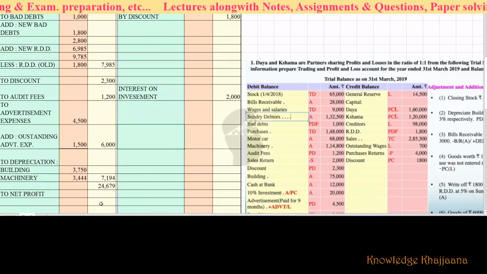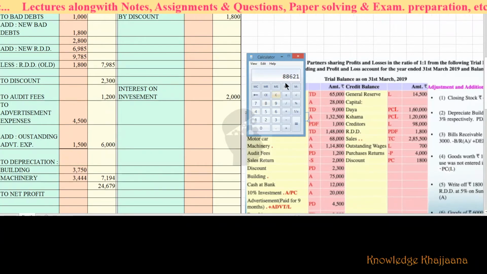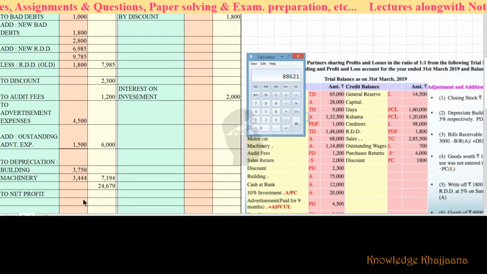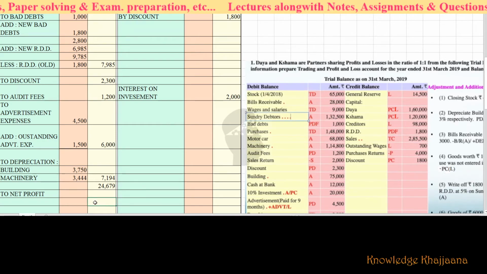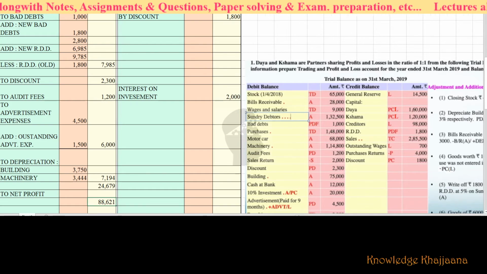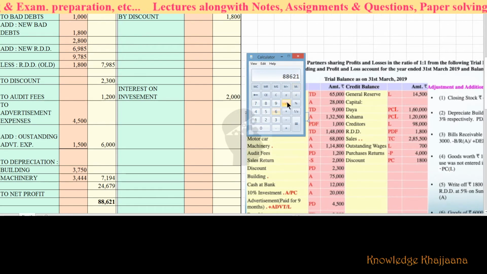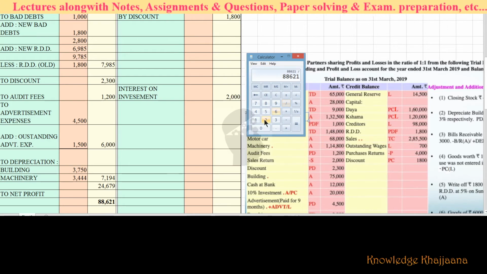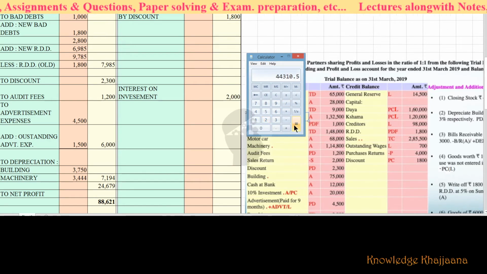How much is the net profit? 88,621, right? But we have to distribute it to Daya and Kshama in the equal ratio. So equal ratio means divided by 2.